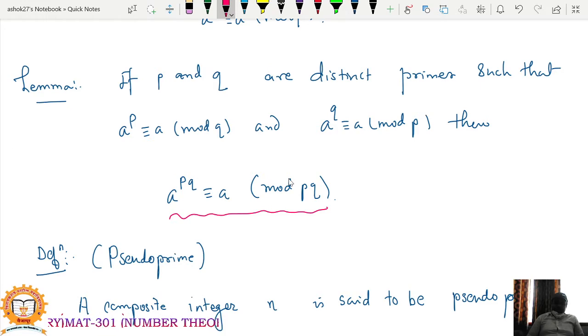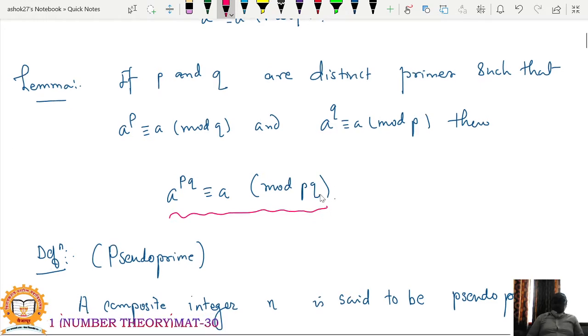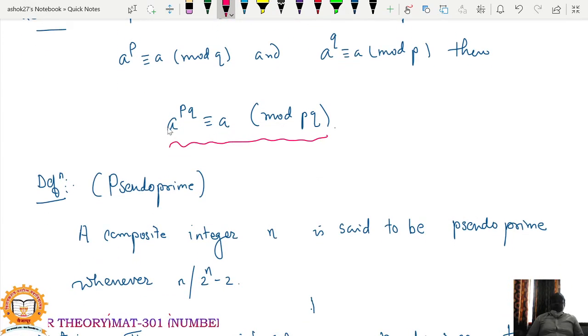You can use this lemma to solve problems. Its proof is there, but we'll skip this.